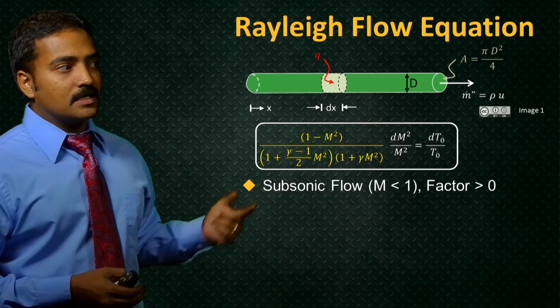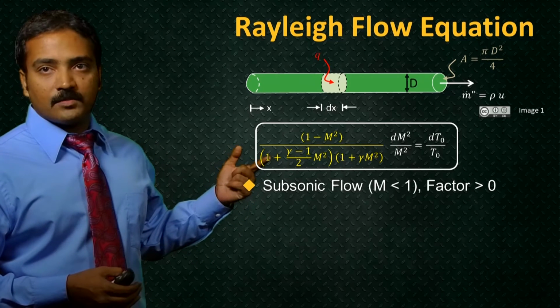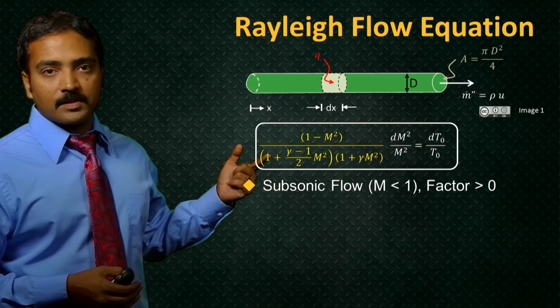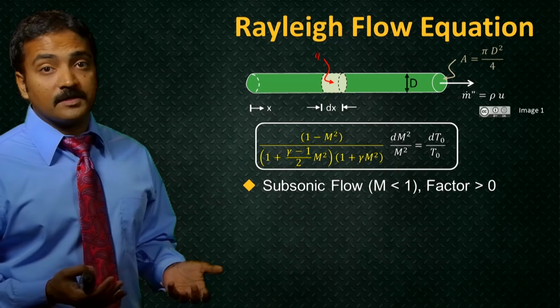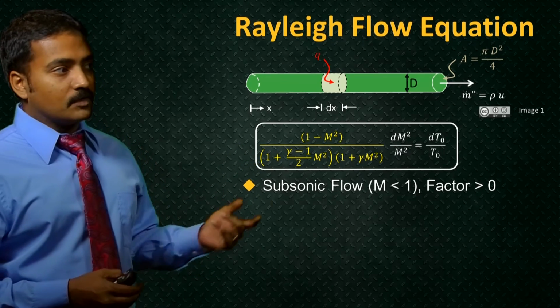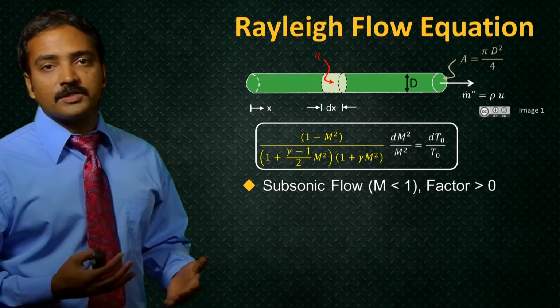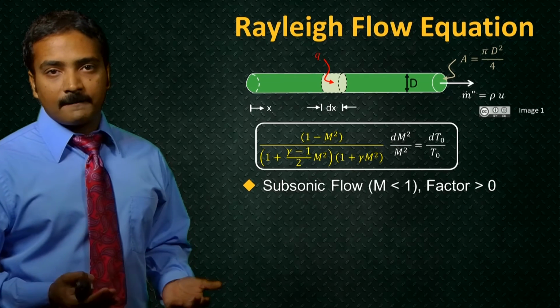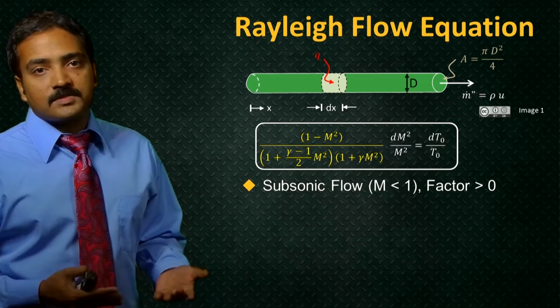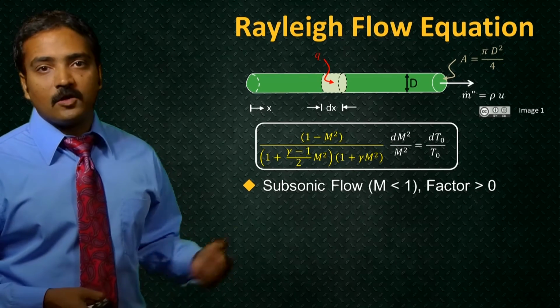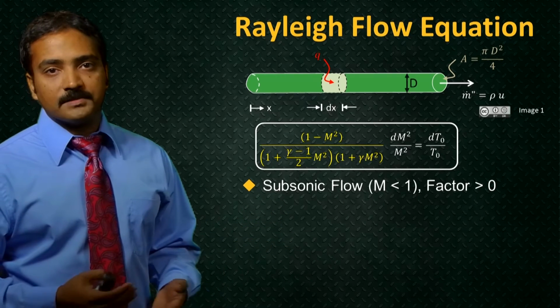So that expression is always going to be a positive number. Likewise, the next expression, 1 plus gamma M squared, is also positive. So whether the flow is subsonic or supersonic, the denominator is always going to be a positive number.